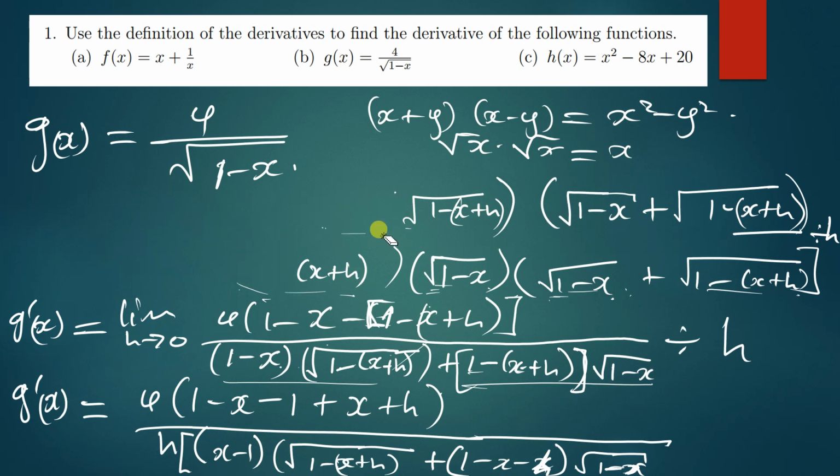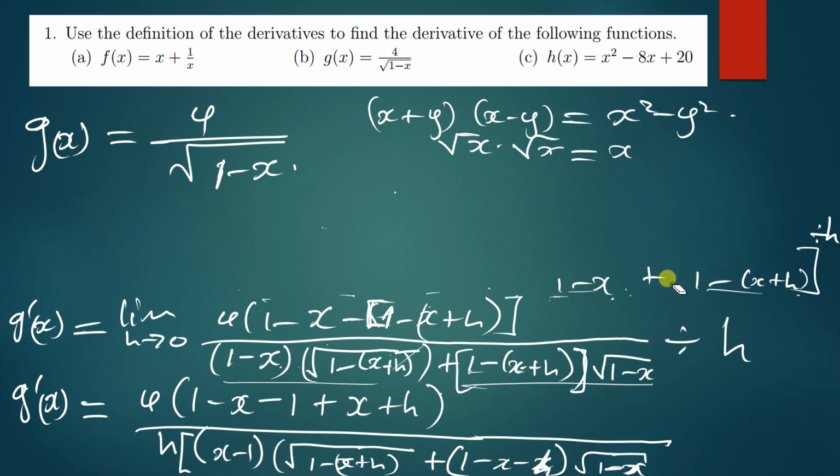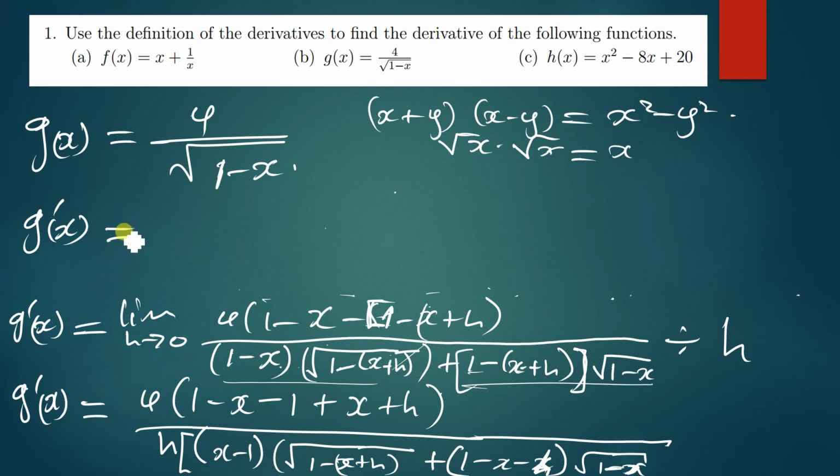So we can proceed with that. So we have g prime of x being equal to, when you simplify the numerator there, you find that 1 and negative 1 will cancel, negative x and positive x will cancel, so you just remain with positive h on top. Down there you have h times everything down there.